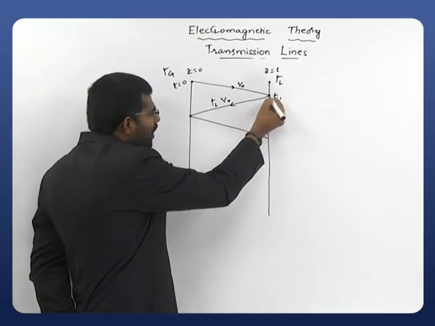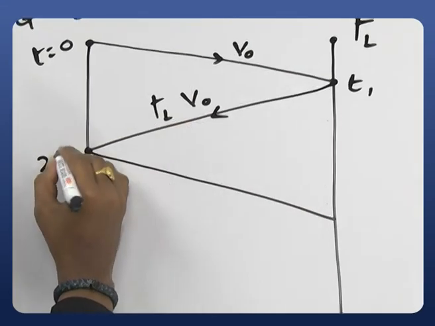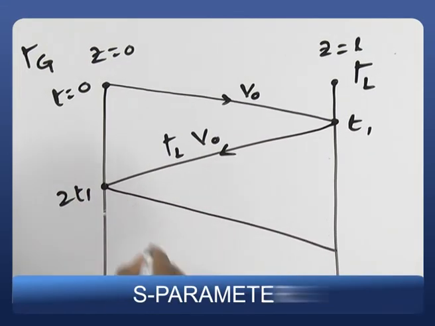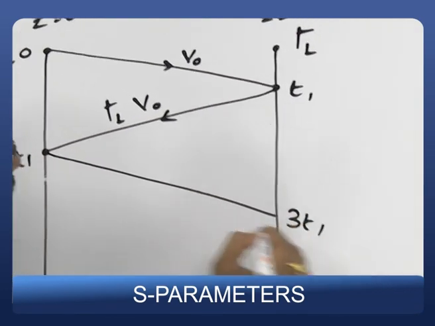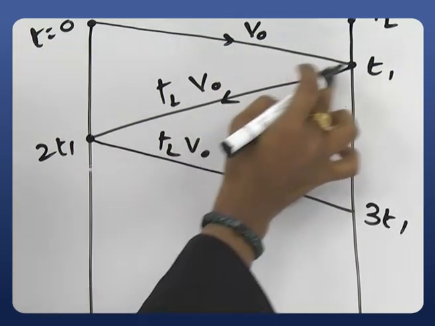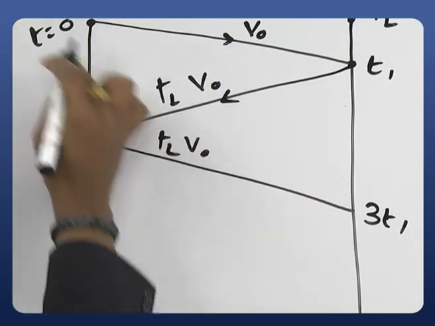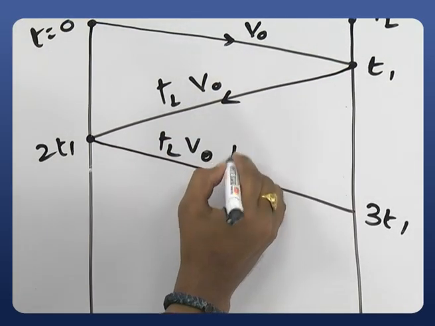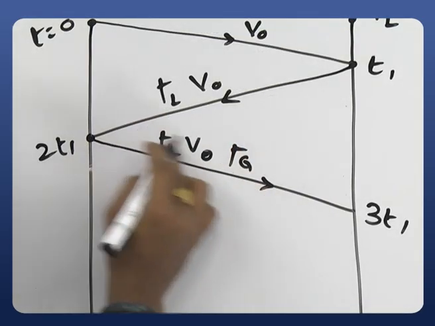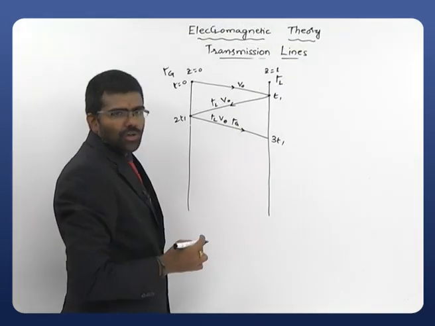What will be the time taken? t1 plus t1, the total is 2t1, and at 3t1 it reaches the load with the strength gamma L V0 multiplied with its reflection coefficient gamma G. This is the voltage traveling toward the load.